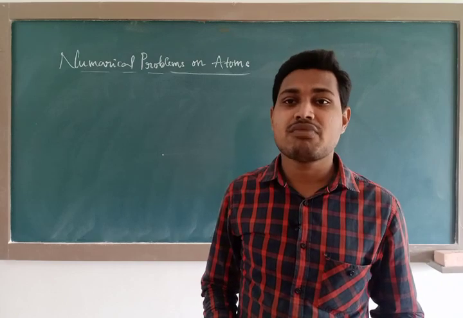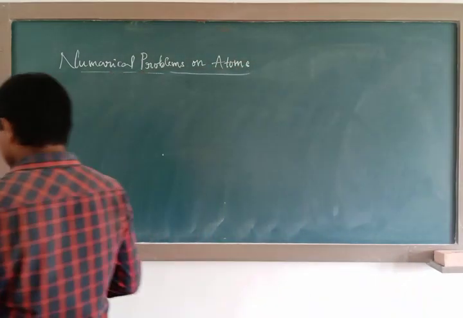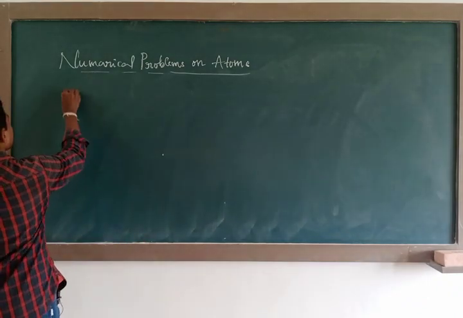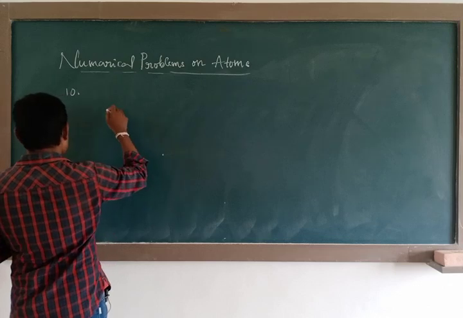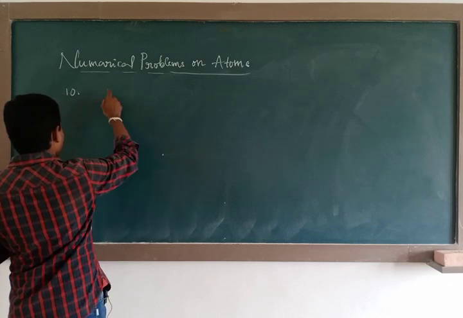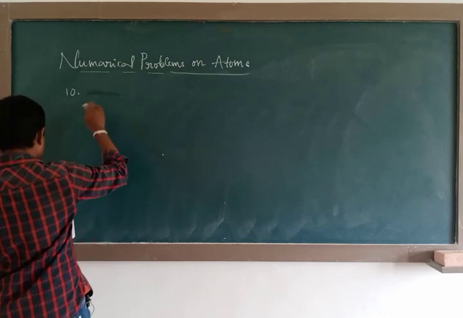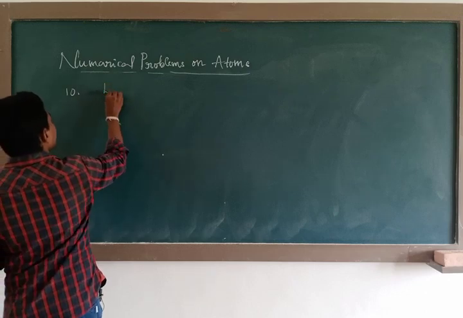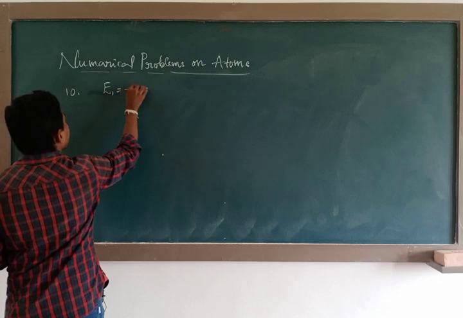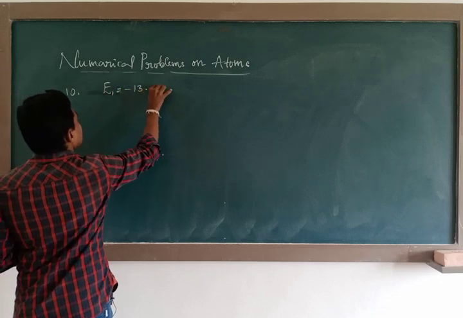So this is the next problem. The ground state energy of the hydrogen is minus 13.6 electron volt.